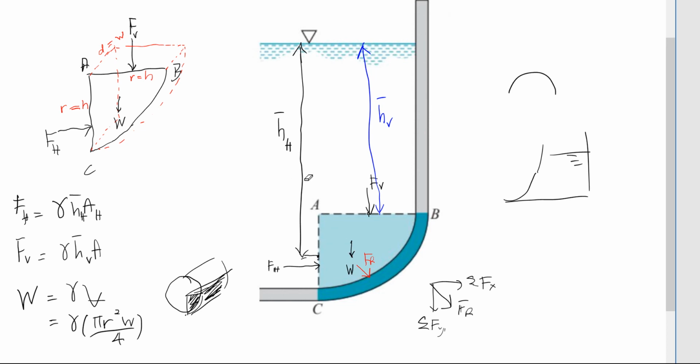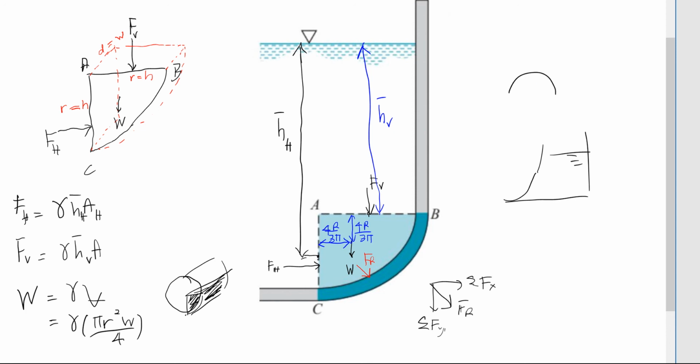if it's a quarter cylinder, a quarter circle, you can get from the diagram I've provided for the formula of common shapes. This is 4r over 3 pi. This one also 4r over 3 pi. This is the location of the centroid of the quarter cylinder. The weight is acting downwards.